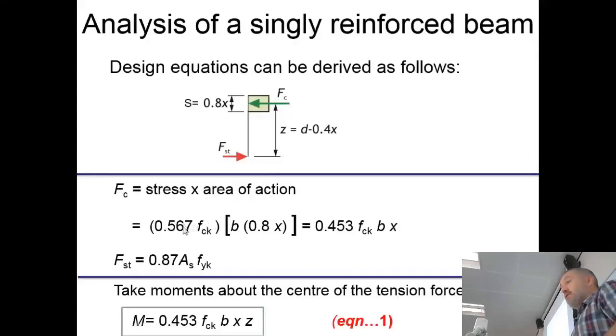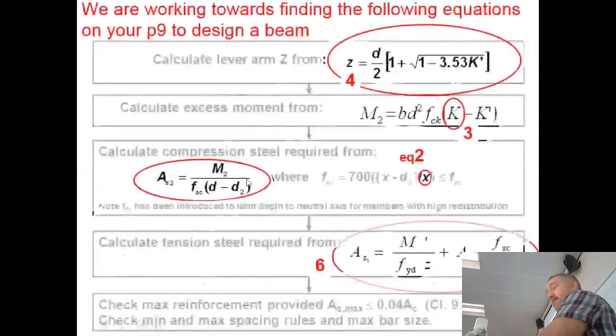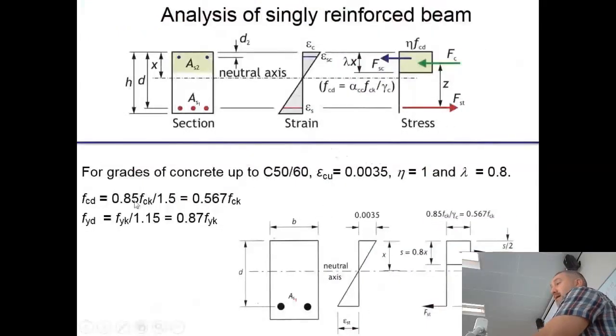And if you look at the stress, it's that fcd, and we've already been given a formula for fcd. Let me just jump back. Fcd, based upon those factors of safety, 0.85 divided by 1.5 is 0.567, so that's where that comes from.